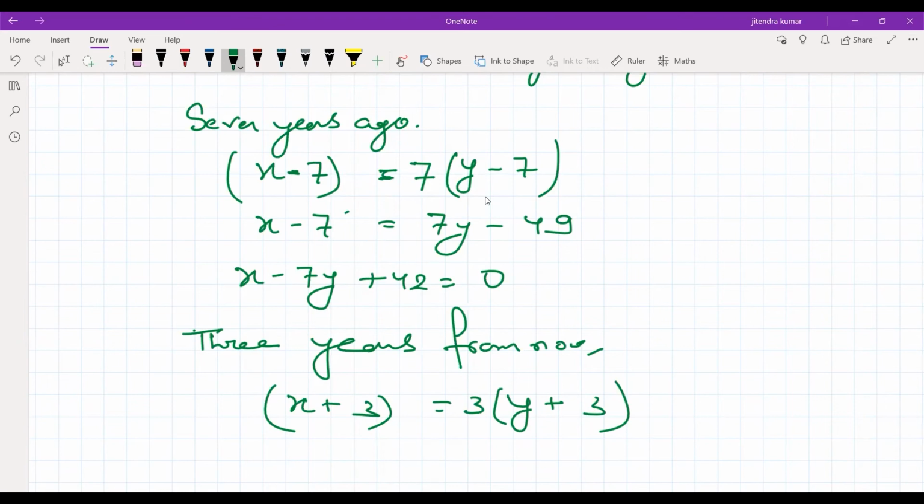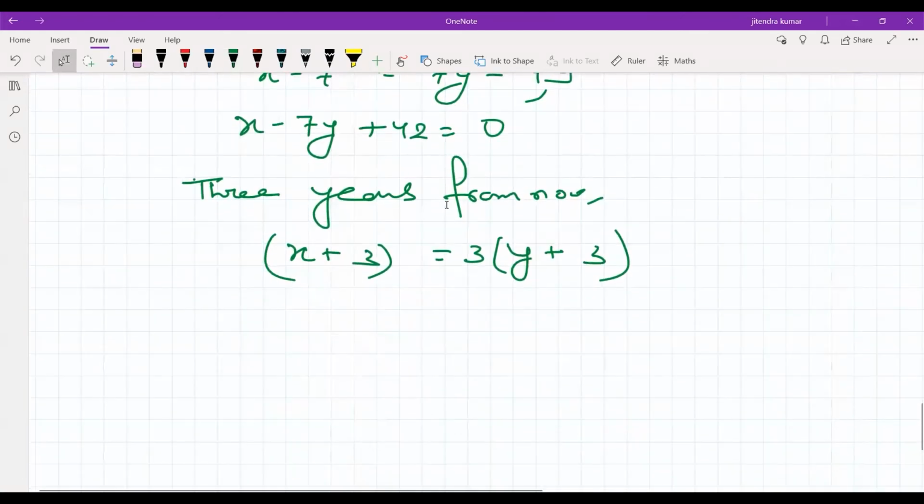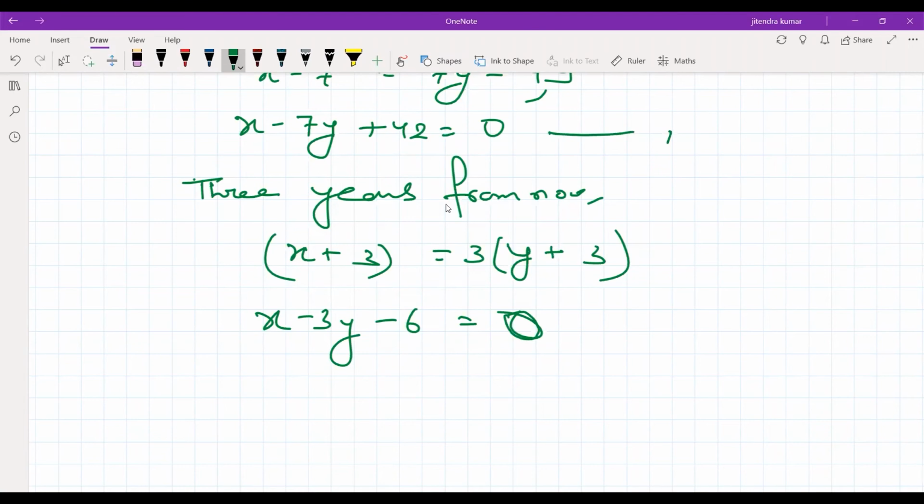Okay, if we solve this one, we will have x minus 3y minus 6 equal to 0. So this will be your second equation. These are the two equations. In the first exercise, you just have to draw the graph.